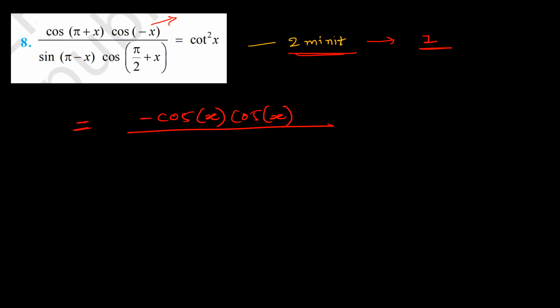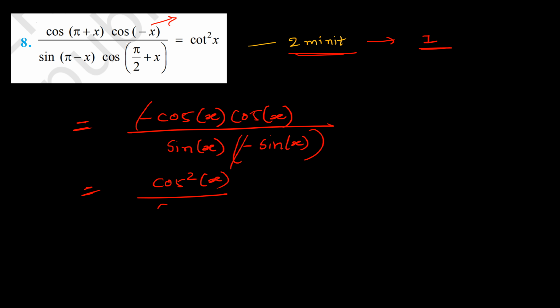Here we have pi minus x, that means sin x, in the second quadrant, and we have pi by 2 plus x, in the second quadrant, but with cos, so it will give negative sin x. So we cancel out the minus 1 and we have cos square x upon sin square x, which is equal to cot square x. Likewise we get the output.